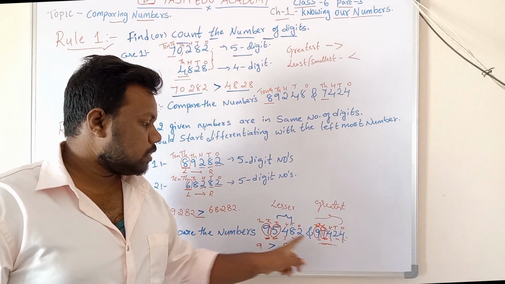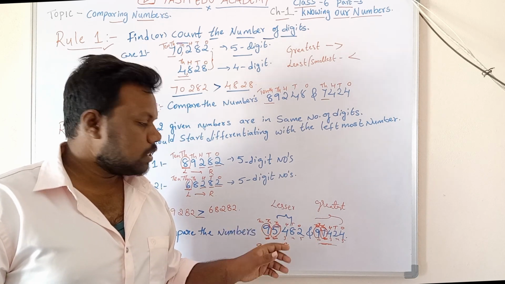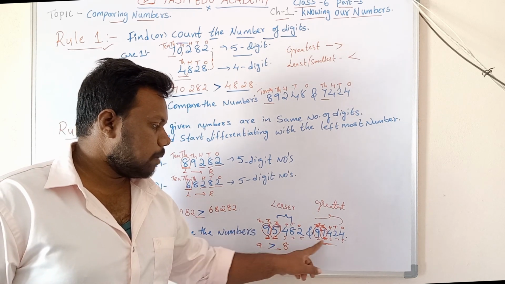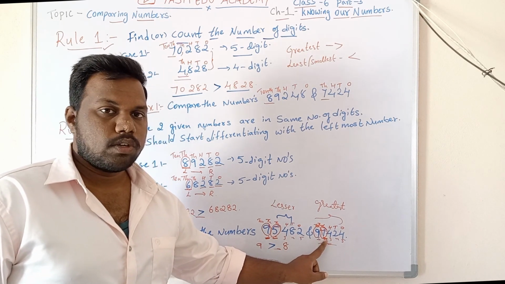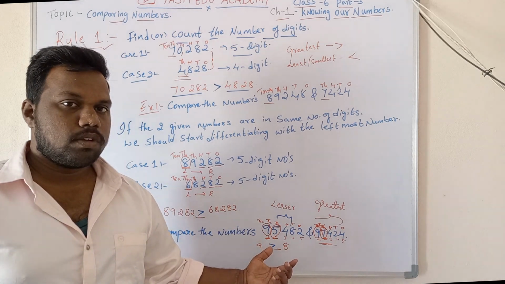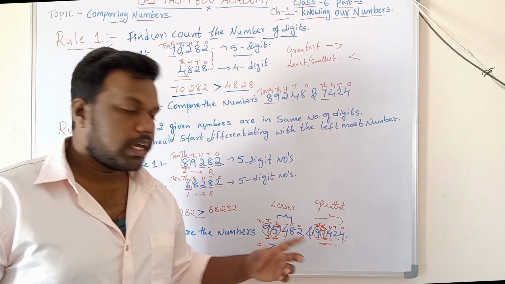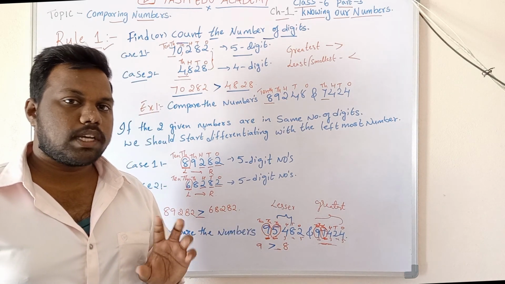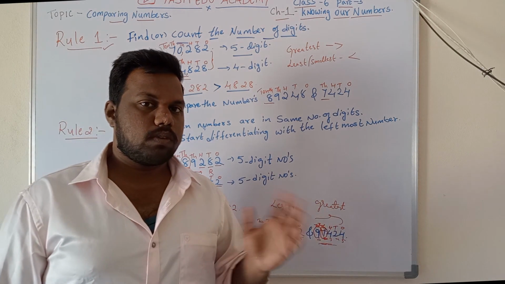Both numbers have the same first digit. Now in the second place we have 5 here and we have 7 here. So obviously 7 is greater than 5, and we find the greatest and smallest values by comparing the second digit of the two numbers.